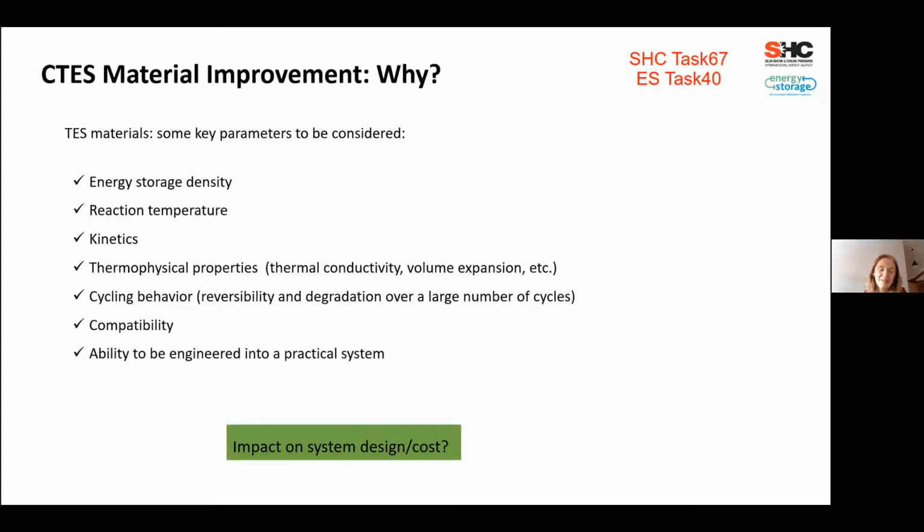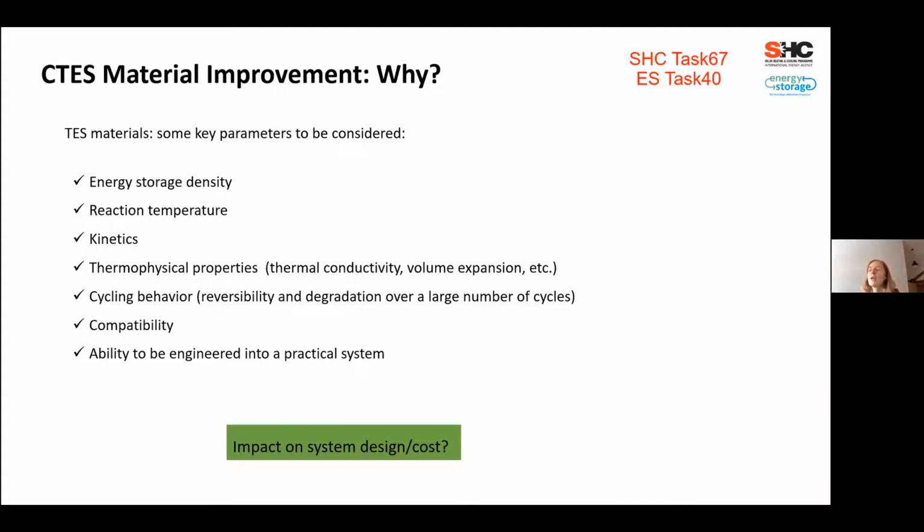So first, why? Because as everybody knows, I guess, we would like to have the perfect material to be used in a real application. We know that we would like to have a high energy storage density, and of course working in a temperature range that fulfills the application. The material has to have fantastic and controllable kinetics. Thermophysical properties very good also, so thermal conductivity, volume expansion, mechanical properties.